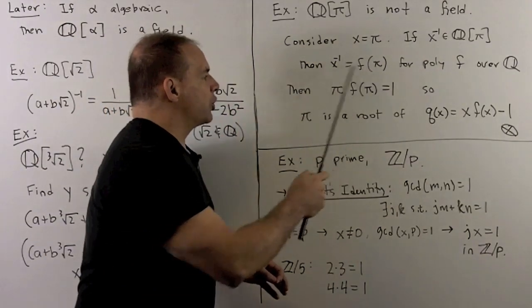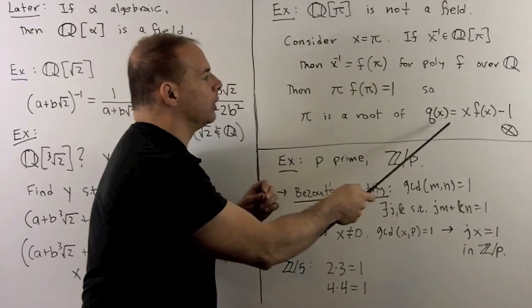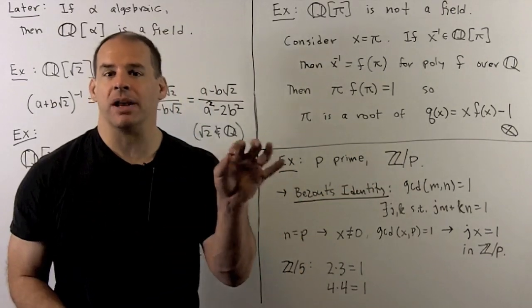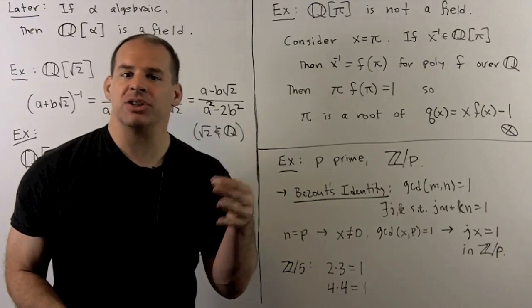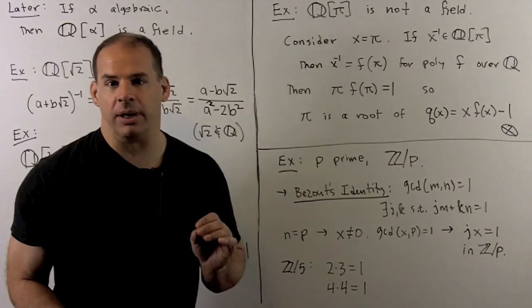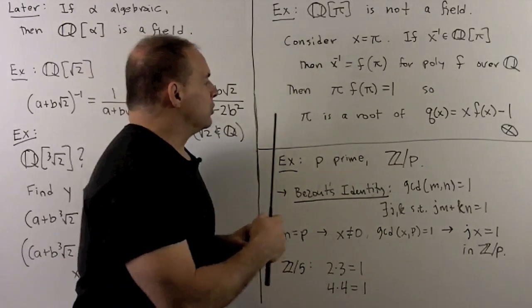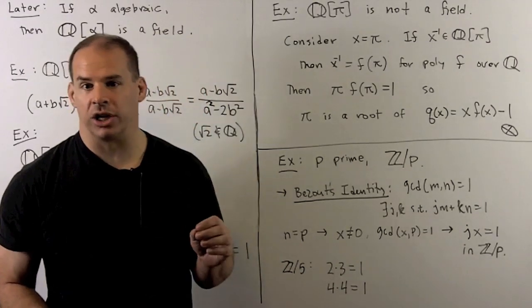So rearranging terms, that means that pi is going to be a root of some polynomial, x times f of x minus 1. Now, this is a polynomial over the rationals, but I could just as easily make it a polynomial over the integers by clearing out all the denominators. So if I could do this, this would show that pi is algebraic, and that's a contradiction.